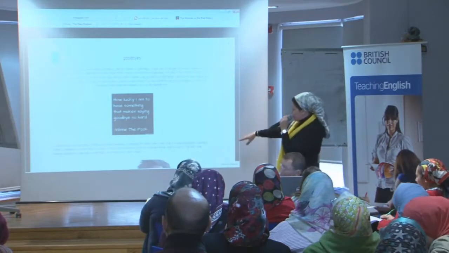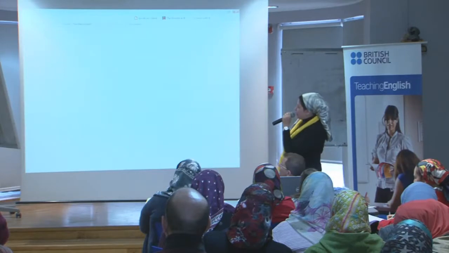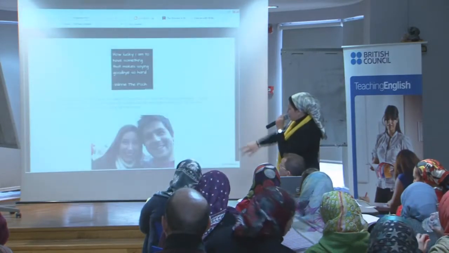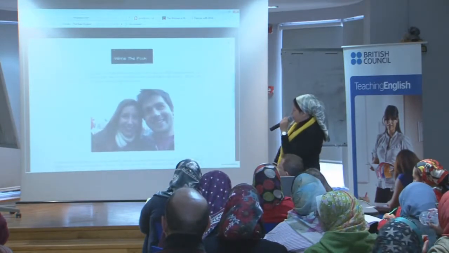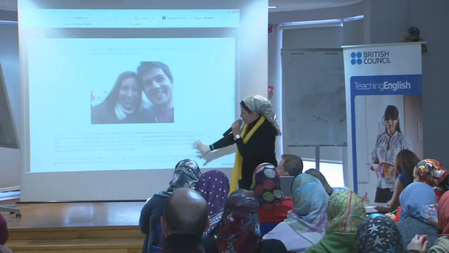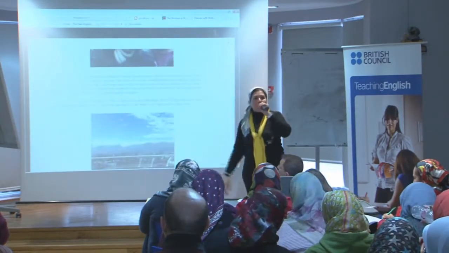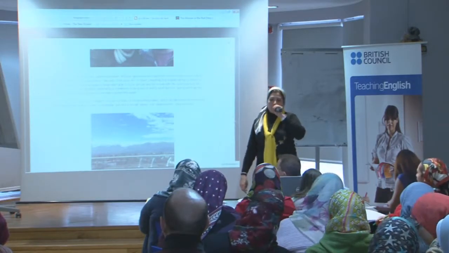Can we scroll down, see what's under it? So they can add pictures and relate to it. They put pictures and write about it, and they create their own blog according to their own imagination, their own work.